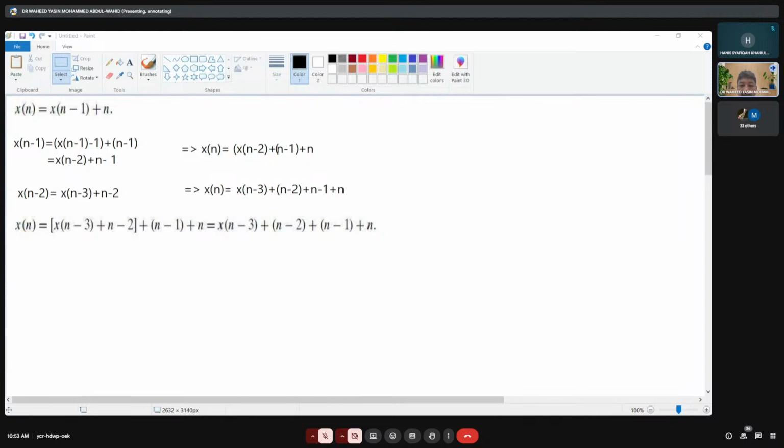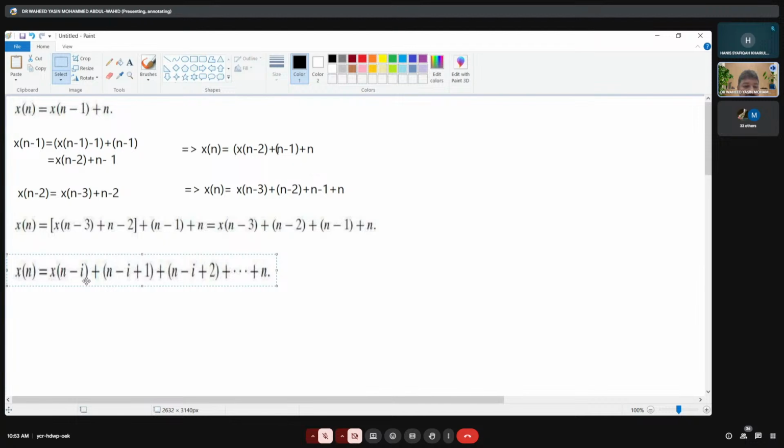Now he got this I. Like this pattern, he got the pattern xn when I equals 3.